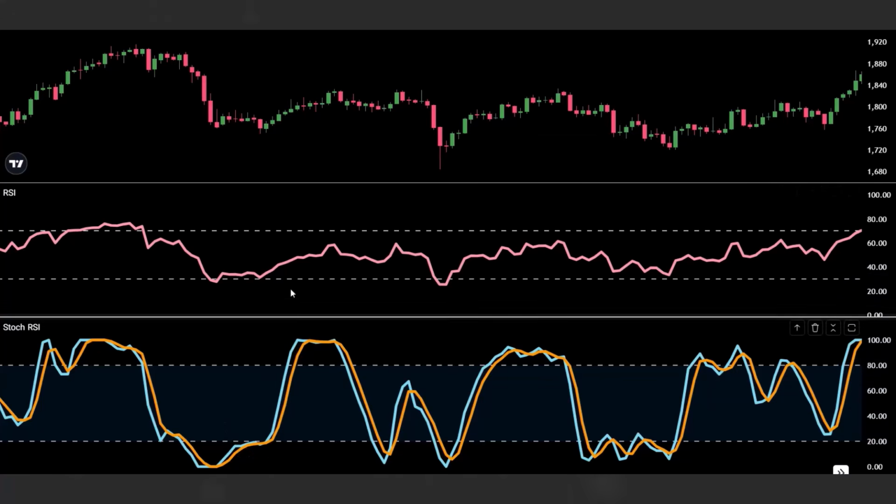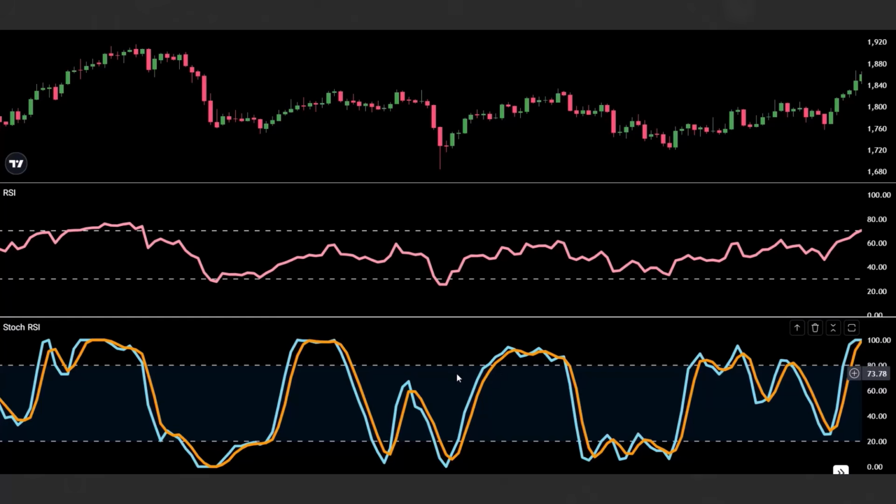When momentum starts to increase, stochastic RSI often reaches the overbought zone before RSI does. So it's faster, but it also gives more false signals. Because it reacts to every small move, it produces many more signals, and not all of them are useful. If you follow every crossover and every spike, you'll take too many trades, and that's called overtrading.